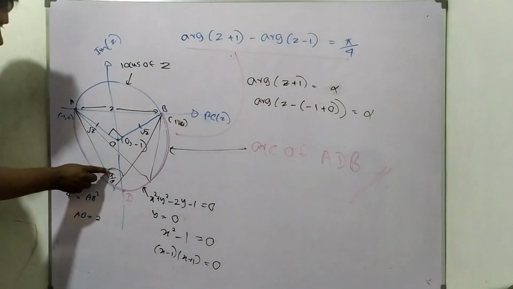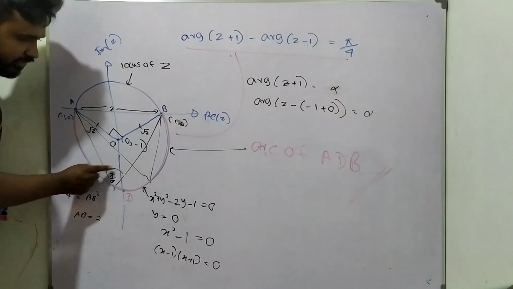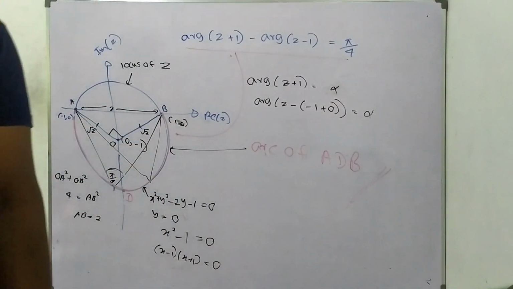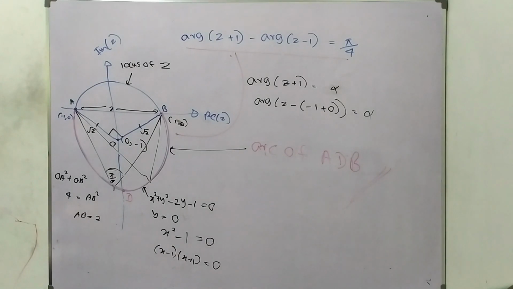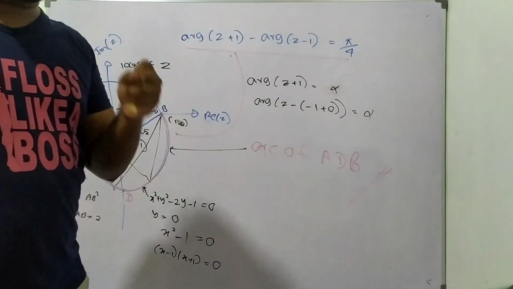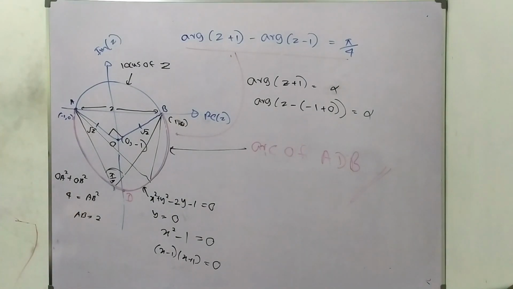So always pi by 4 is made. Always remember these kinds of situations: the locus is an arc of a circle. I will explain it with another example. Sorry about the previous video, I just showed you the locus of z, not that part. That is why it's wrong.